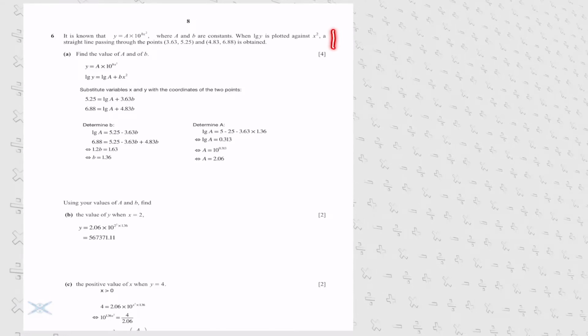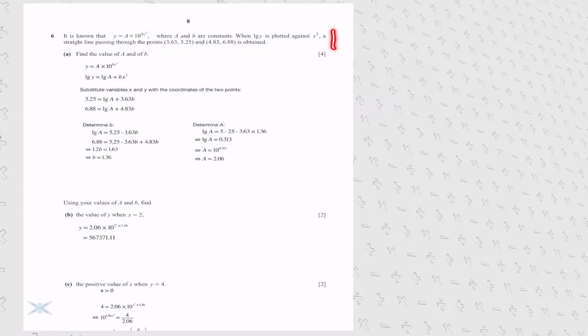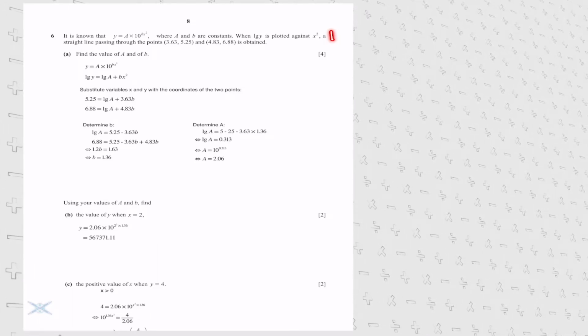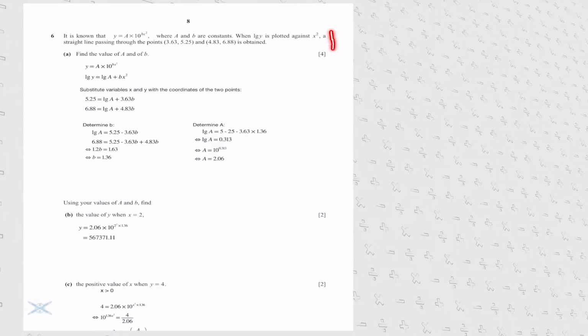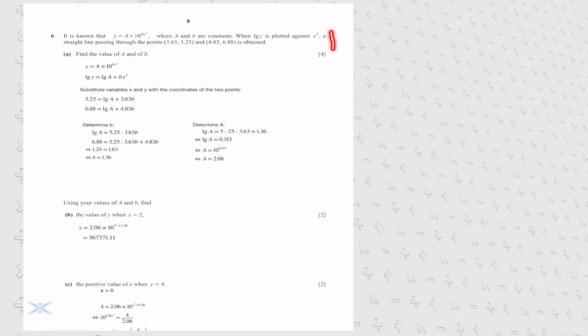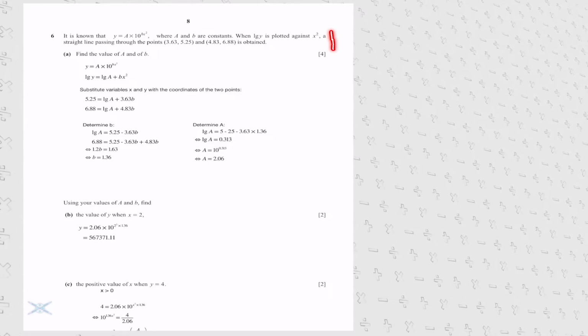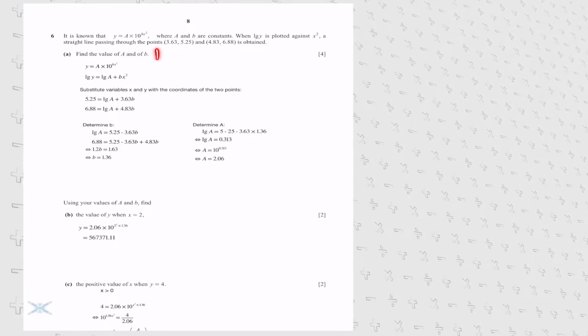Here it is known that y equals a multiplied by 10 to the power of bx squared, where a and b are constants. When the logarithm of y with base 10 is plotted against x squared, a straight line passing through the points 3.63, 5.25 and 4.83, 6.88 is obtained. In part A of this exercise, we are supposed to find the value of a and b.